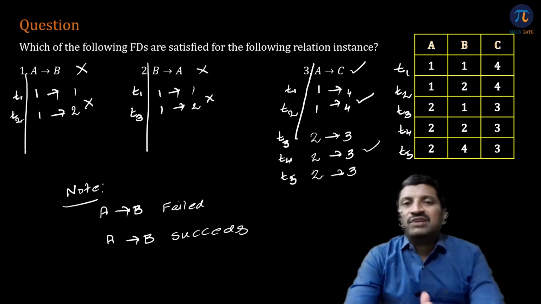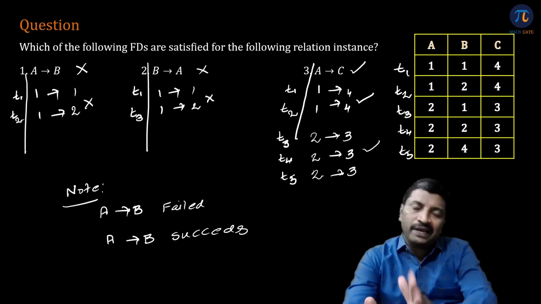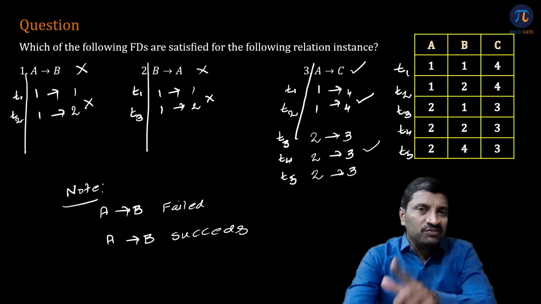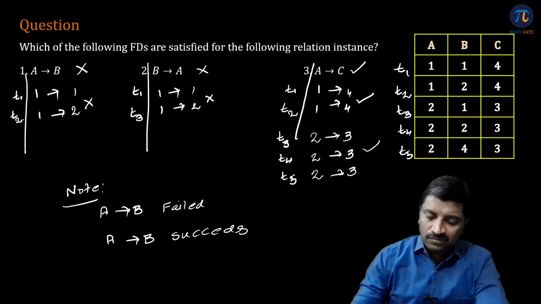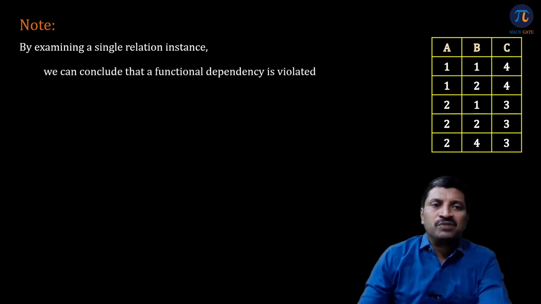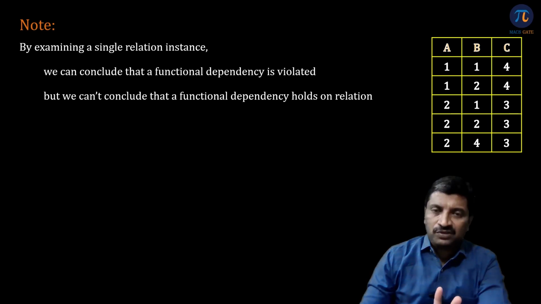So whenever the functional dependency has failed for a particular instance, I can say it has failed for the entire relation. But when it succeeds, I should not say it will succeed for the entire relation. So the same thing I have given as notes: by examining a single relation instance, we can conclude a functional dependency is violated, but we cannot conclude a functional dependency holds on the relation. So please make a note of this, sir.